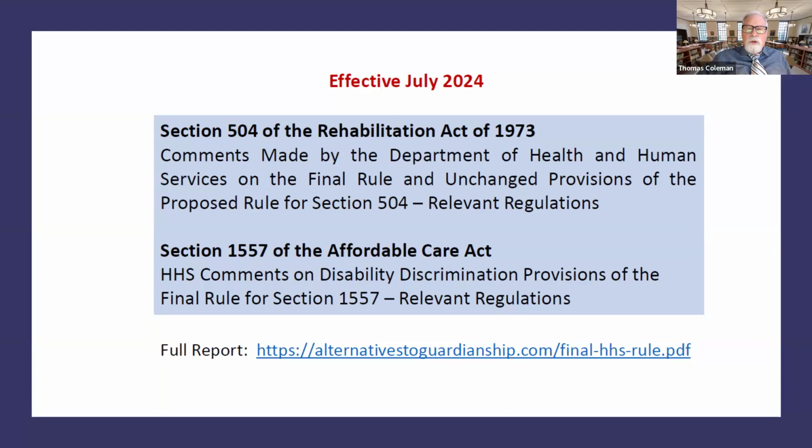A longer version of this presentation in writing is found in a booklet. You see the link at the bottom there under the Alternatives to Guardianship.com link. And there's a 32-page booklet that explains in greater detail these provisions.